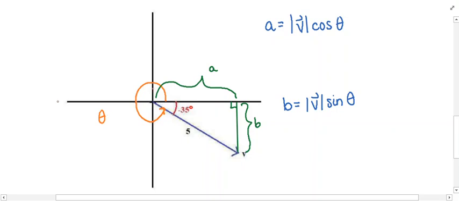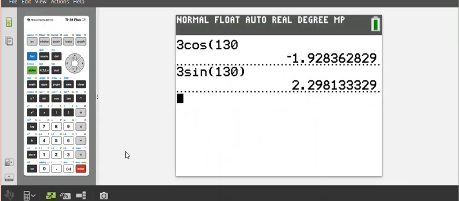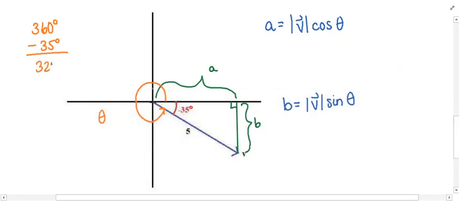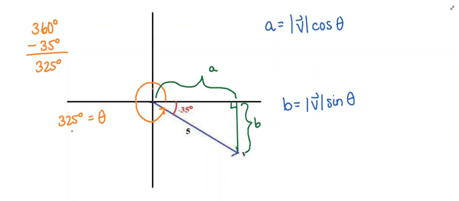Well, we know if we go one entire revolution, that's 360 degrees, and so we need to subtract out 35 degrees. 360 minus 35, that means this orange angle is 325 degrees. 325 degrees is going to be your direction angle here. So you have to use the correct direction angle so that you come up with the correct signs, meaning either positive or negative, of your components.